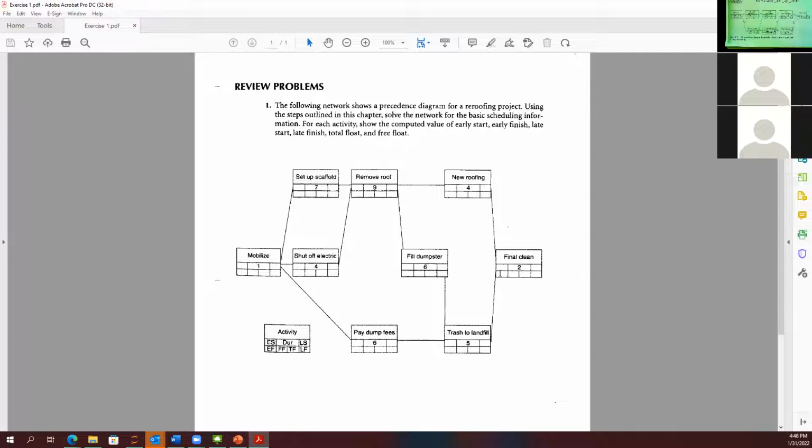Then I can see if your lag numbers are correct, and then pretty much I will say your network should be correct. Zeros, you don't need to tell me zeros. You just tell me the non-zero lag numbers on the lines. Order doesn't matter.